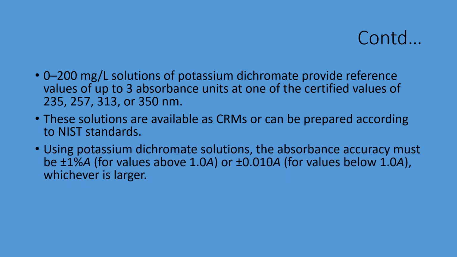Using potassium dichromate solutions, the absorbance accuracy must be within plus or minus 1% of absorbance for values above 1.0 absorbance, or plus or minus 0.010 absorbance units for values below 1.0 absorbance, whichever is larger.